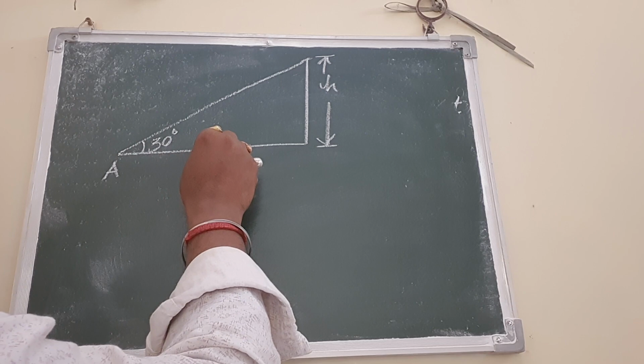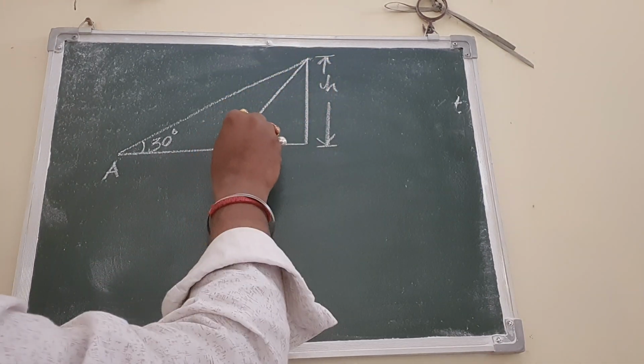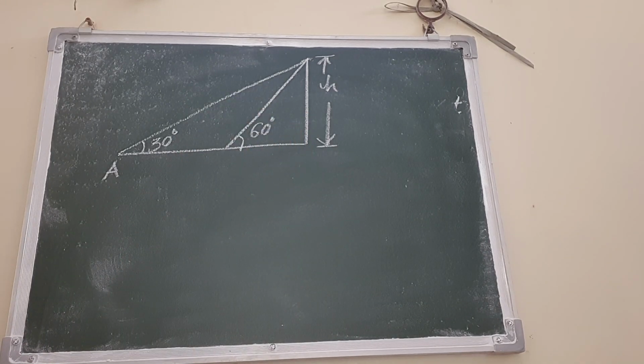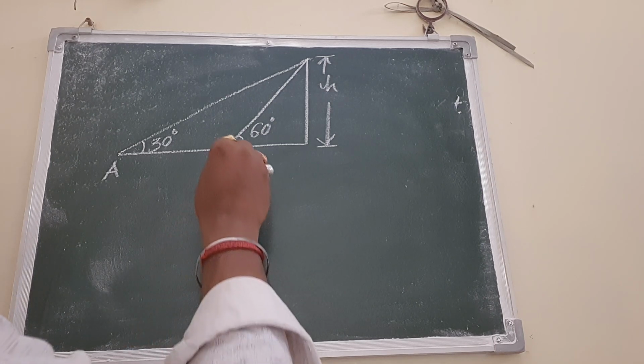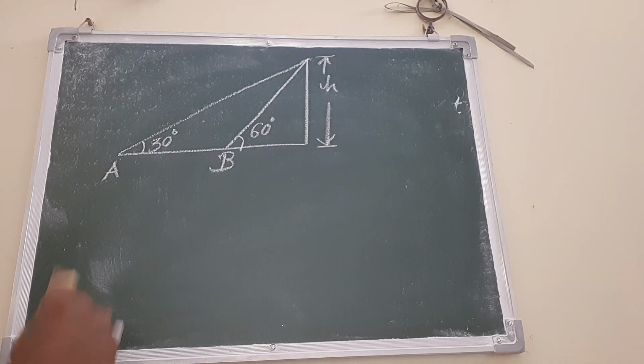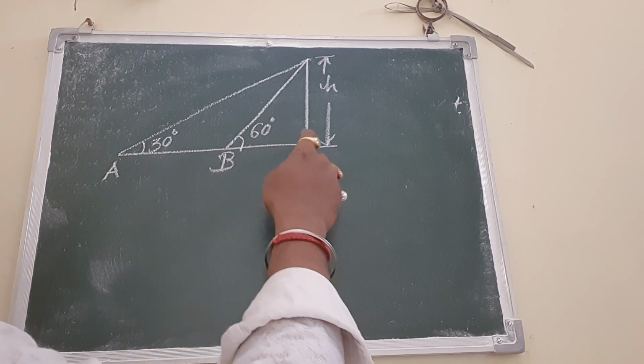It is moving towards the cliff, and at point B, closer to the cliff, it is making an angle of 60 degree. Suppose this point is B. So here we have to find the time it takes to move from point A to the foot of the cliff.